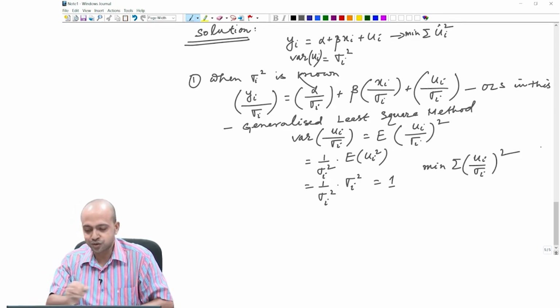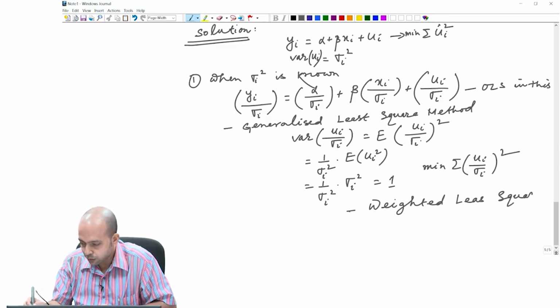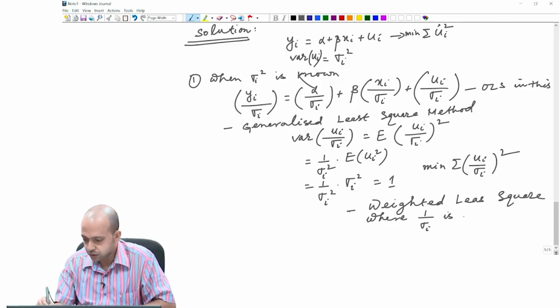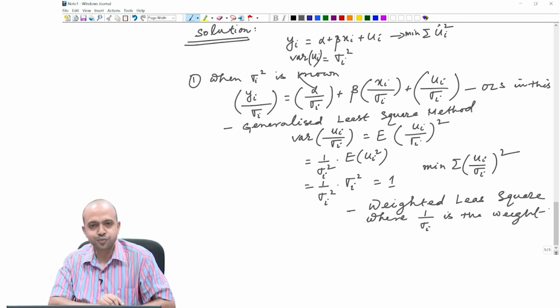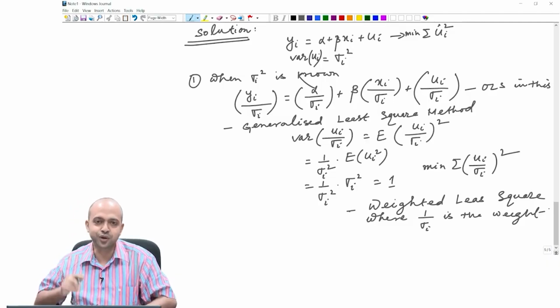So this method is also known as the weighted least square method, where 1 by sigma square i is basically the weight. That means the higher the variance, the lower is the weight you are attaching to that particular error term.